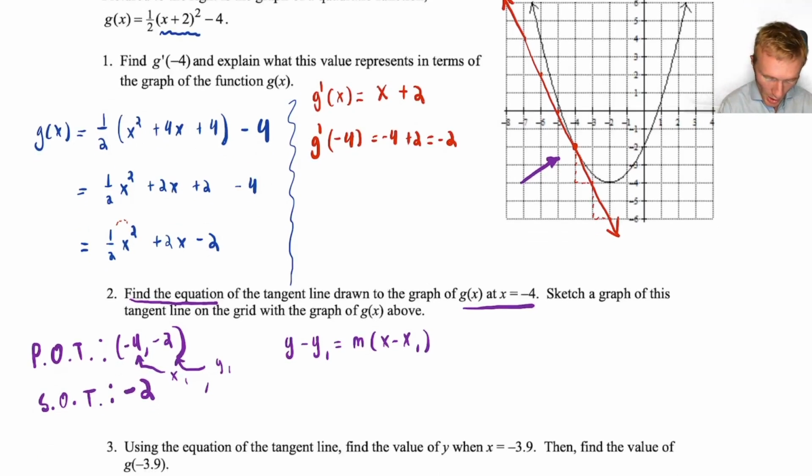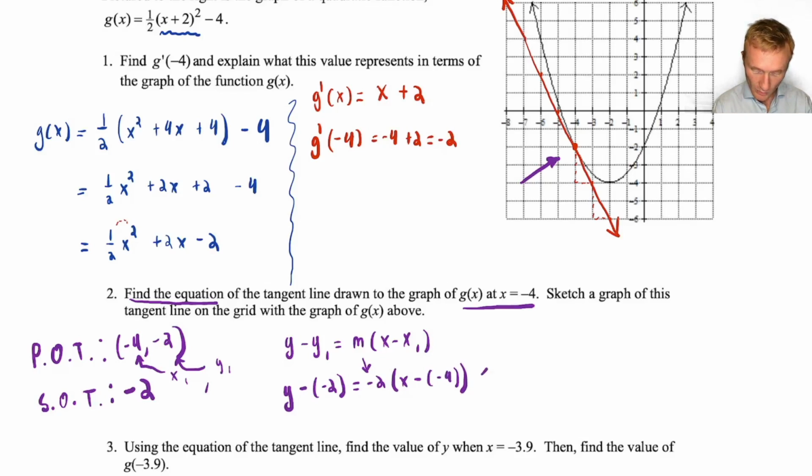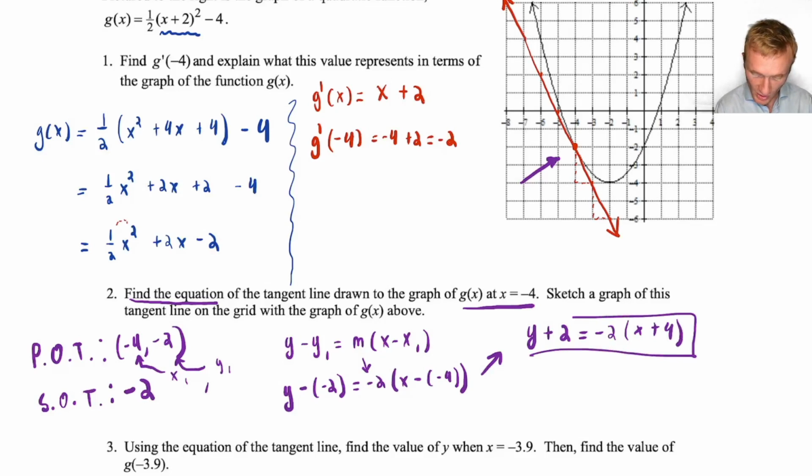So we plug in: y minus -2 equals the slope, -2, times x minus x1, which is -4. Obviously, we've got some extra negatives going on here, so I'm going to clean this up a tiny bit. We have y plus 2 equals -2 times x plus 4. Nothing left. This is an equation of the line tangent.